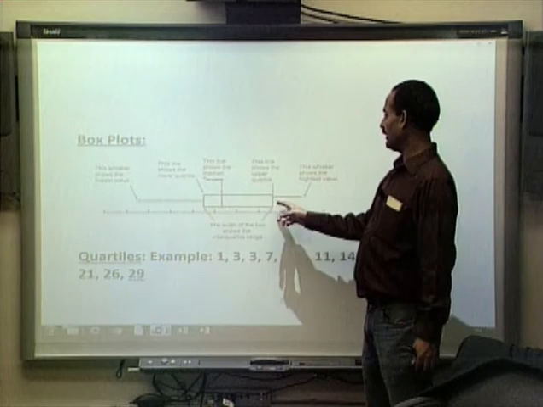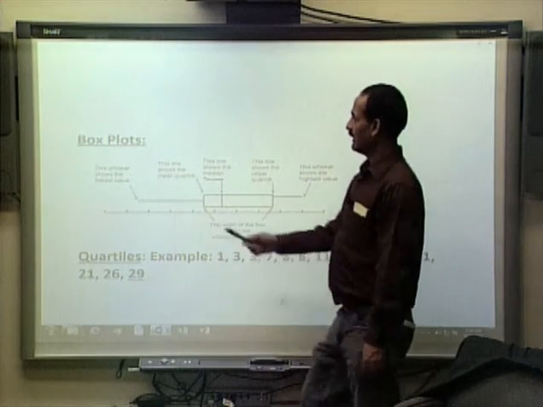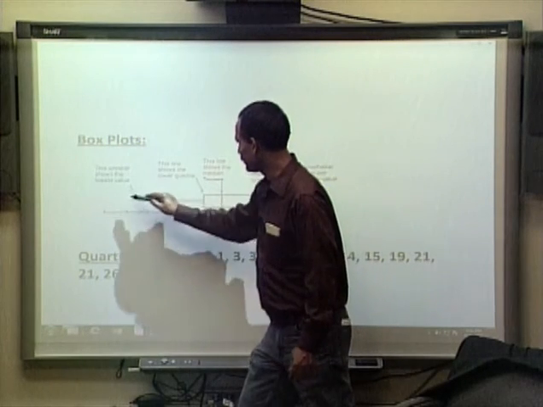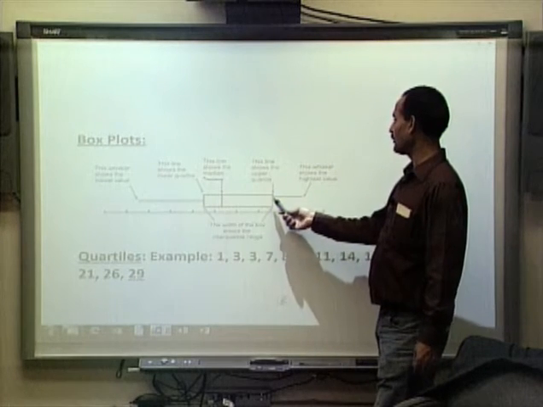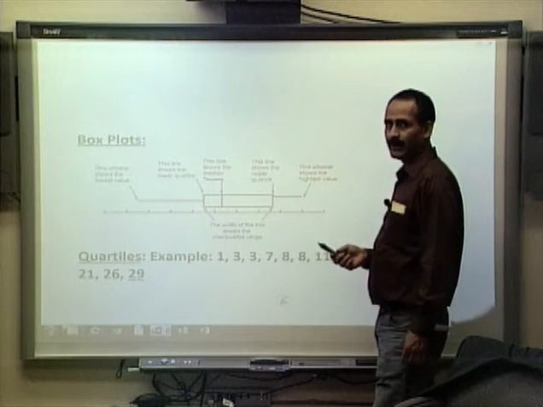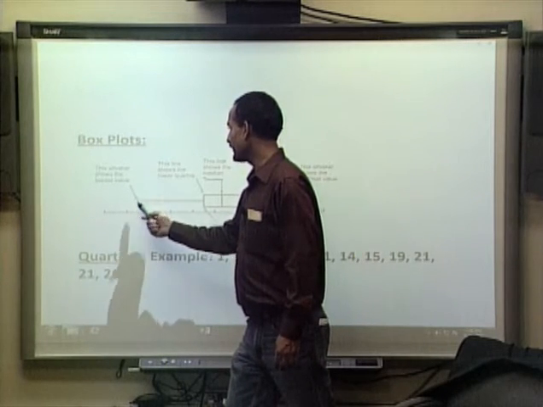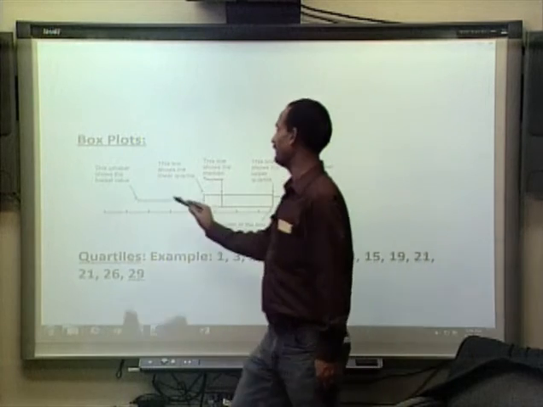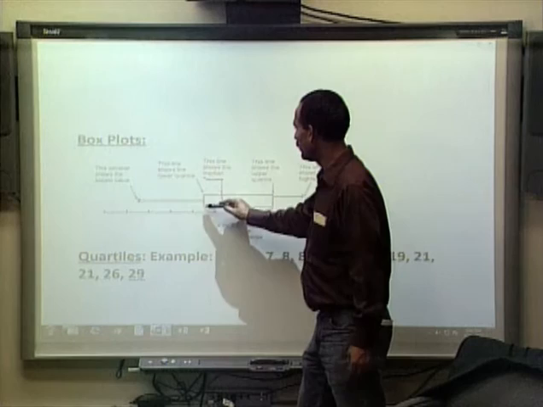The upper end of the box represents the upper quartile, and there will be a whisker going to the left from the lower end of the box, and another whisker going to the right from the upper end of the box. This is the lowest data value. This is the maximum in our data. This is the minimum data value. This is the lower quartile.